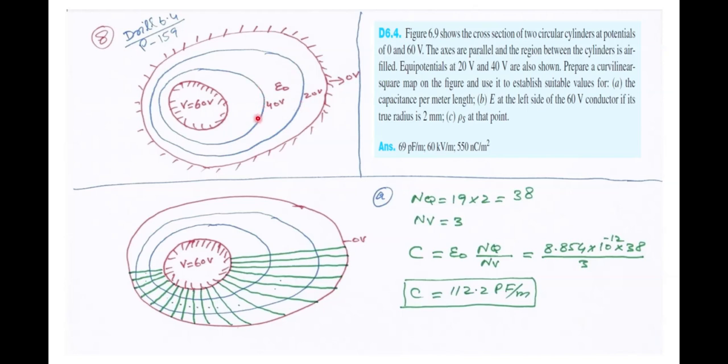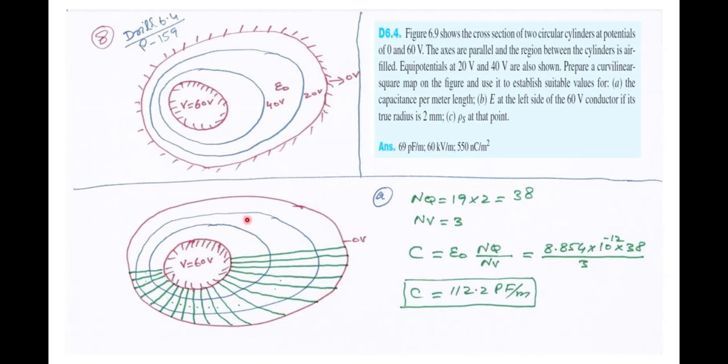As I told you in the last example, first you check the two-dimensional space of the conducting boundaries for symmetrical flux tubes. By checking this two-dimensional space in between the two conducting boundaries, we can easily divide it into two symmetrical flux tubes, as I did in the lower figure.